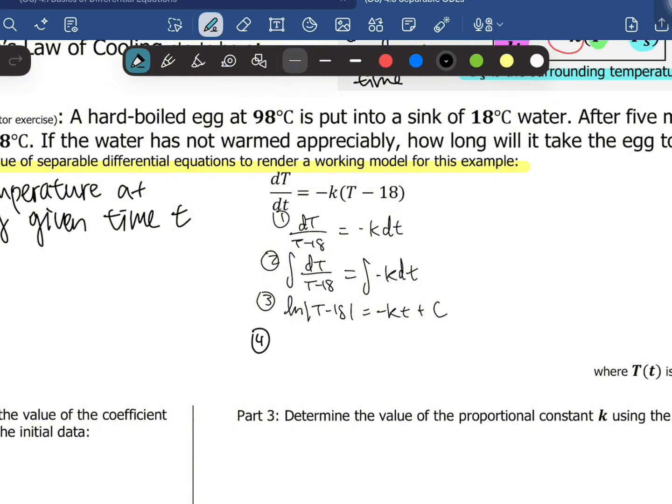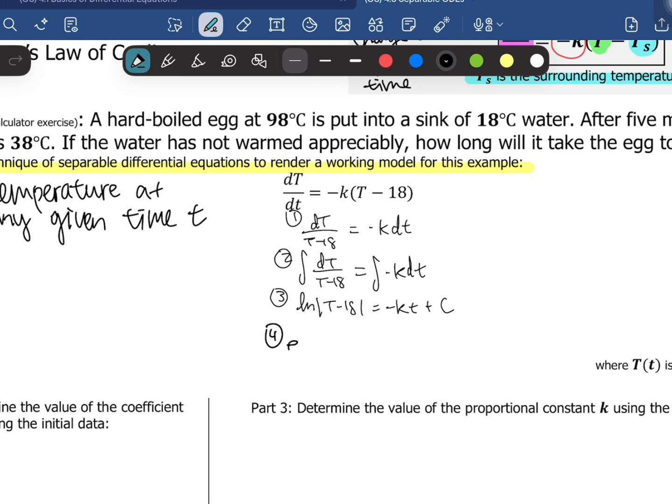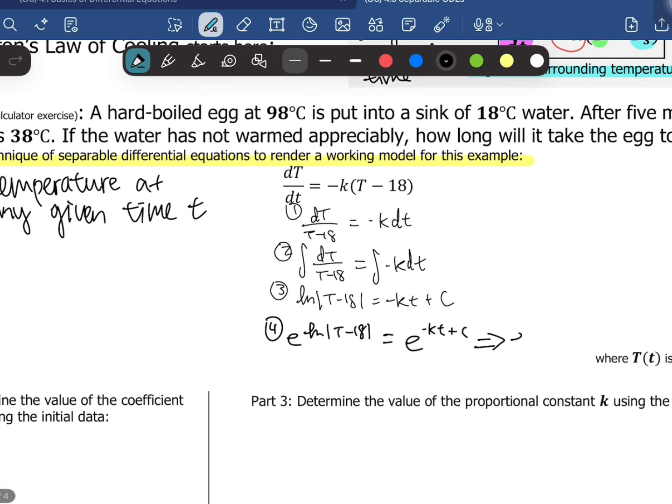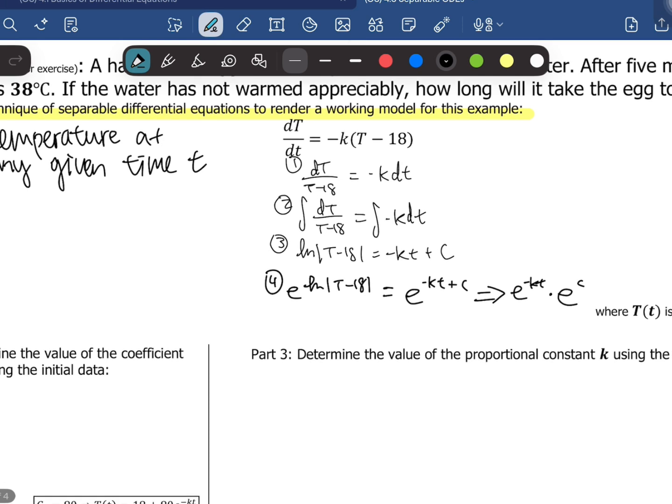Now, recall what we did in a previous example, is we used base e to get rid of the ln's. And this is the same as e to the negative kt times e to the c. There we go. Perfect.